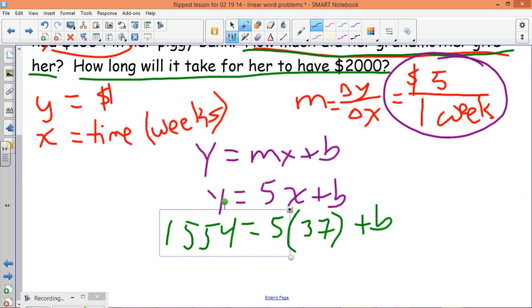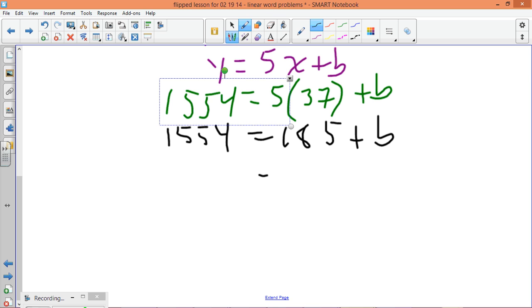Okay. 5 times 37, I'm going to use my calculator. Don't really have to, that's easy enough to do, but I want to make sure I don't make any mistakes. 5 times 37, 185, is equal to 1,554, and then the 185 we add b to. Okay, minus 185, minus 185.